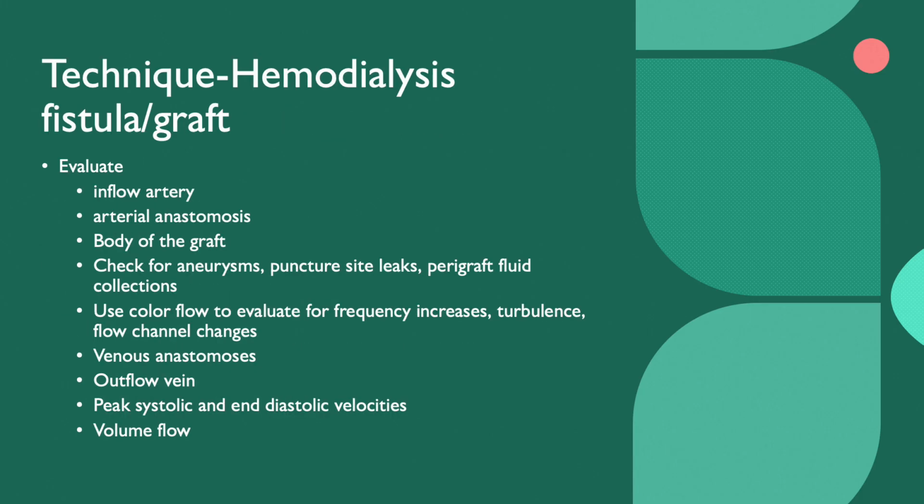Okay, so when we are scanning a hemodialysis fistula or graft, now let me stop and explain what this is. A hemodialysis fistula or graft is something that the doctor is going to create in the arm. The surgeon will take a superficial vein, either your basilic or cephalic, and they are going to tie it in to an artery.